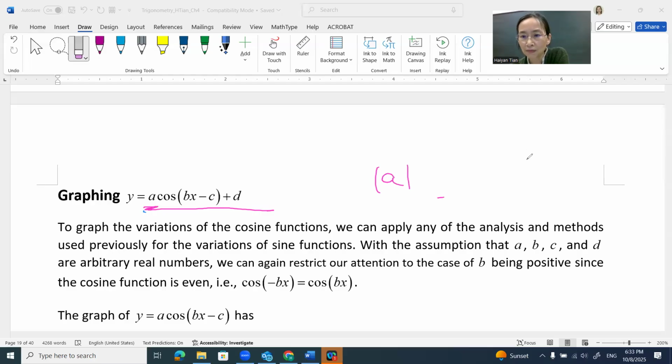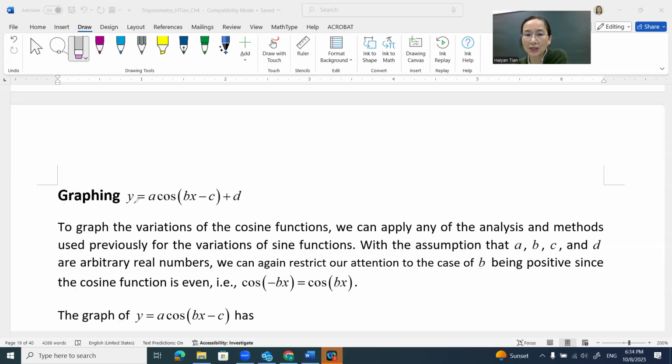The period is 2 pi over B. The horizontal shift or vertical shift caused by C and D doesn't change your amplitude, because C and D only change the position of the function.